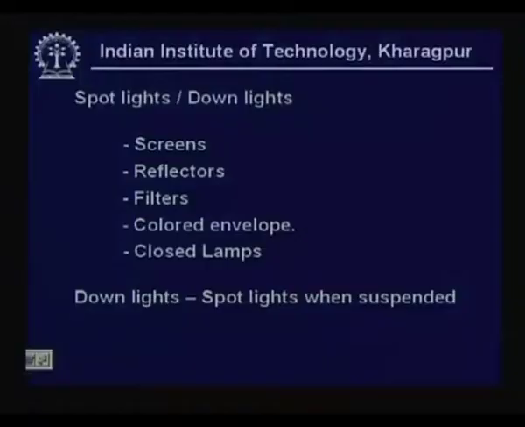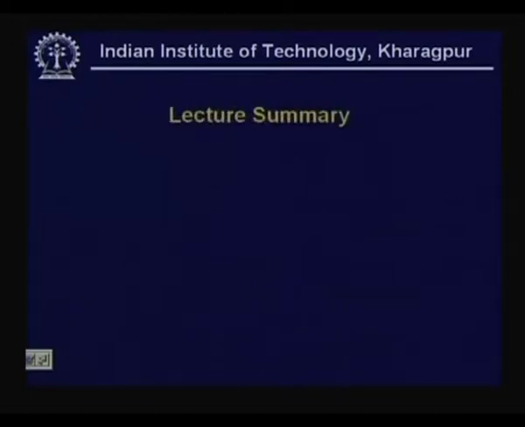Now, the issue is that their control is involved. Essentially they are all electrical accessories. The outer screen can be controlled with the help of motors, and downlights or spotlights are essentially suspended from the top.